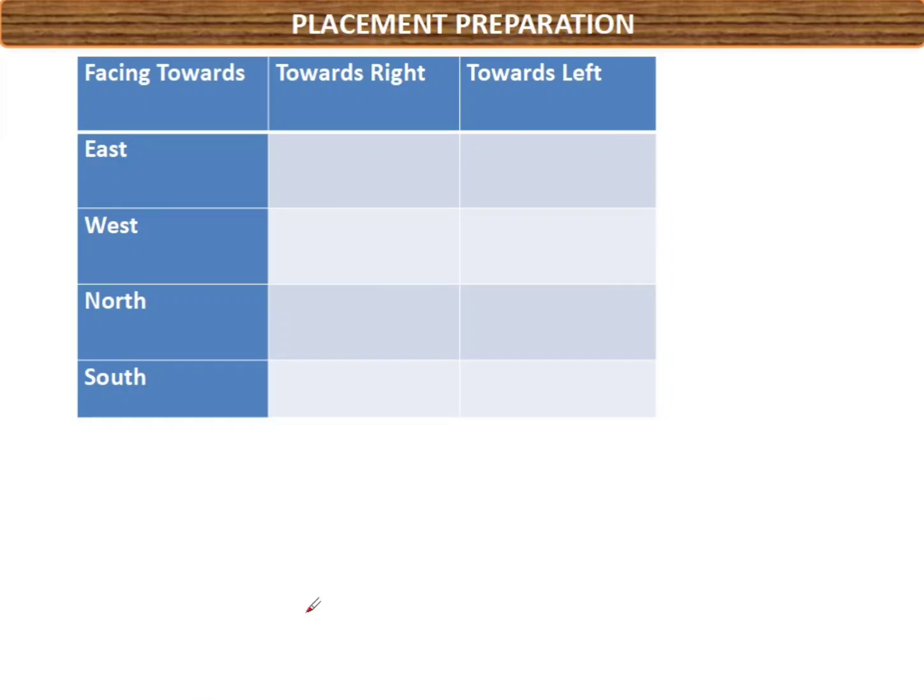So if you want to fill it properly, let us draw these directions again. Basically there are 4 important directions. I am going to write only those directions: north, south, west, east. Just to make you understand I have written here.